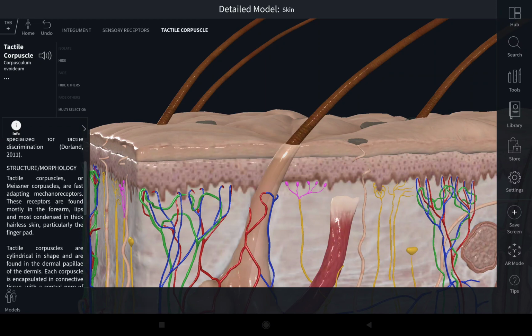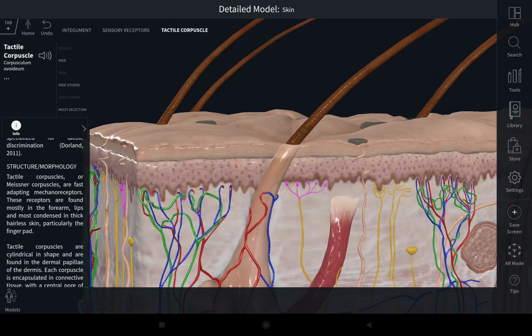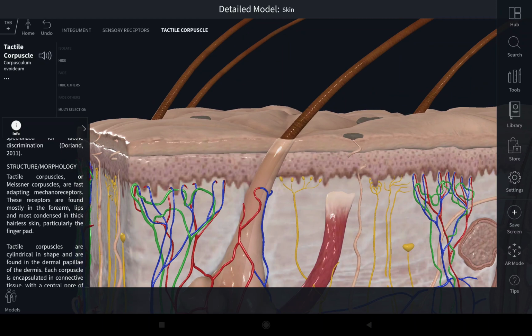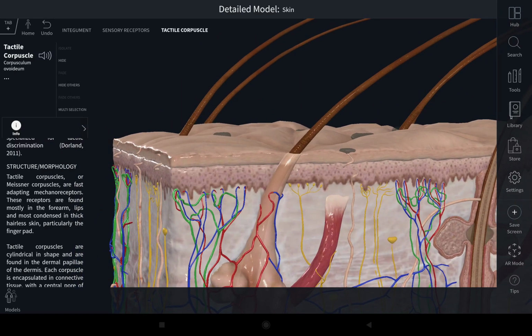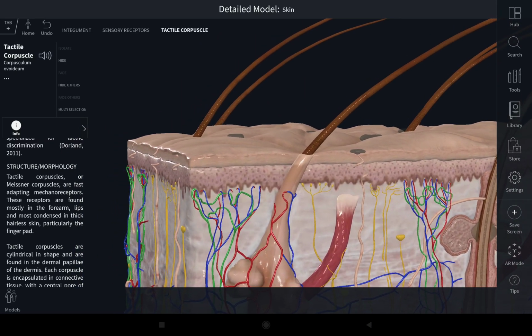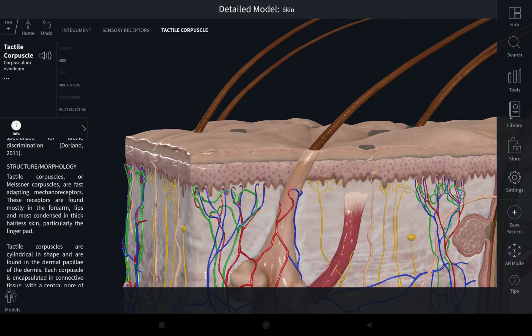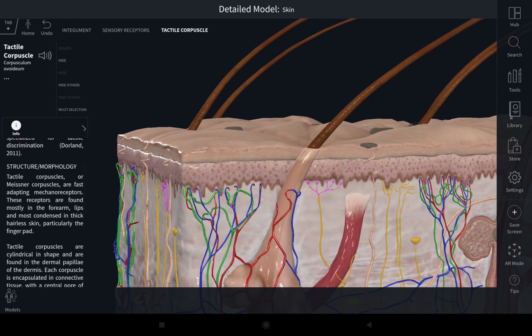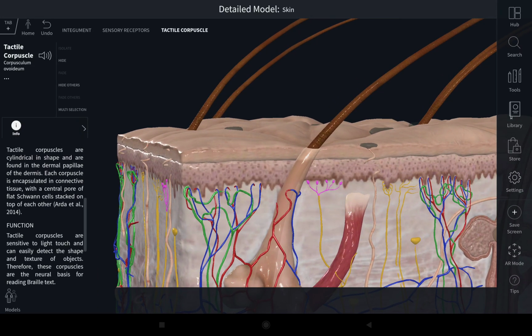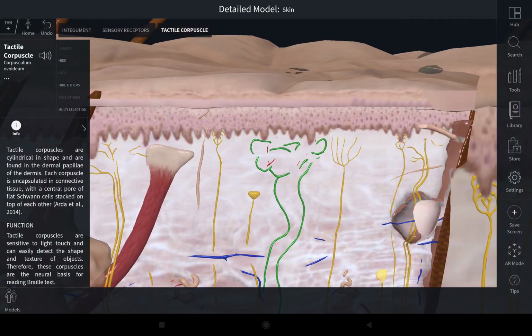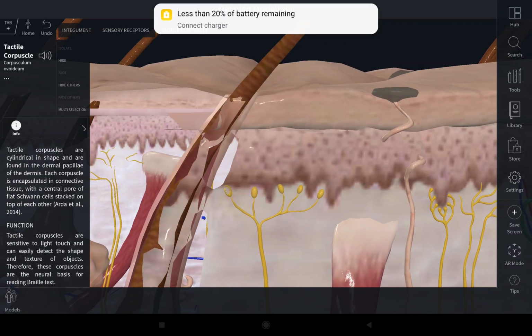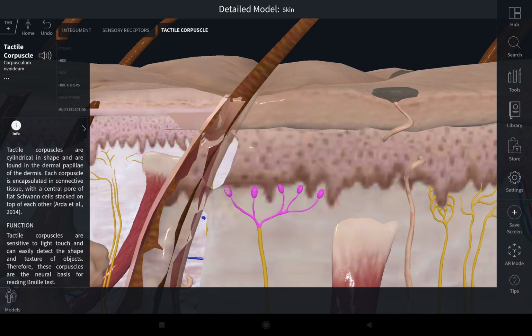Tactile corpuscles, or Meissner corpuscles, are fast adapting mechanoreceptors. These receptors are found mostly in the forearm, lips, and most condensed in thick hairless skin, particularly the finger pad. Tactile corpuscles are cylindrical in shape and are found in the dermal papillae of the dermis.